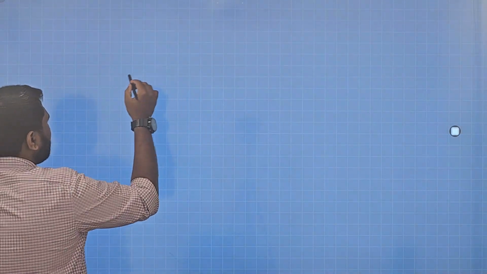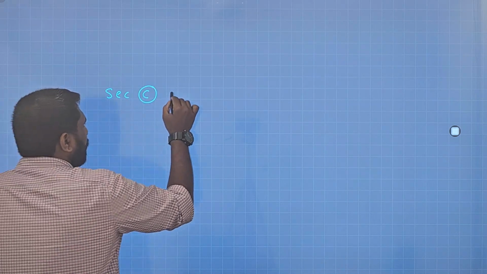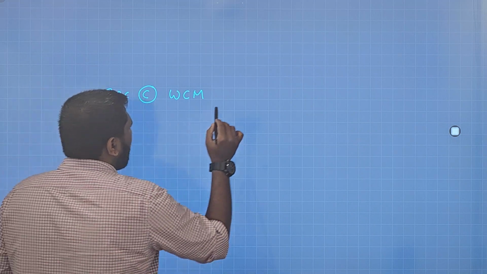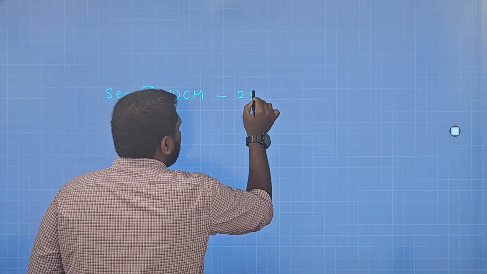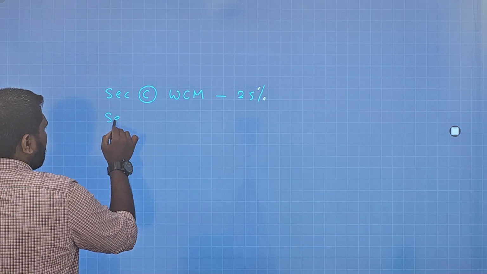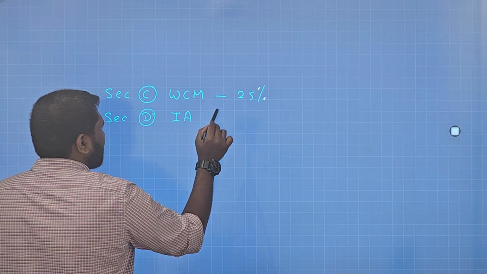Let me start with Section C, which is working capital management. For the working capital management section, I would like to give 25%. And the next section, Section D, which is the investment appraisal section.